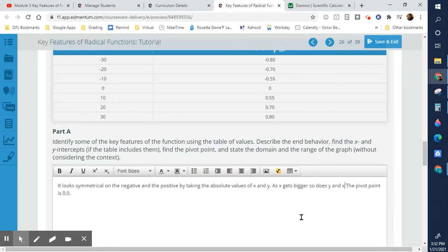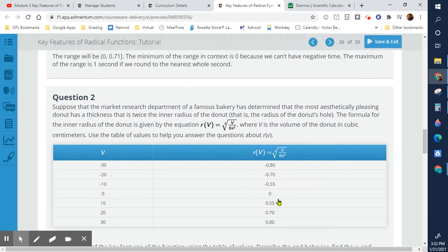As x gets more negative, y gets more negative also. So this one does have an end behavior for the left side, and that's because it's a cubic function, which is making this S shape. The other one didn't have an end behavior for the left because it had this intersection there. The pivot point is obviously right here at 0, 0.